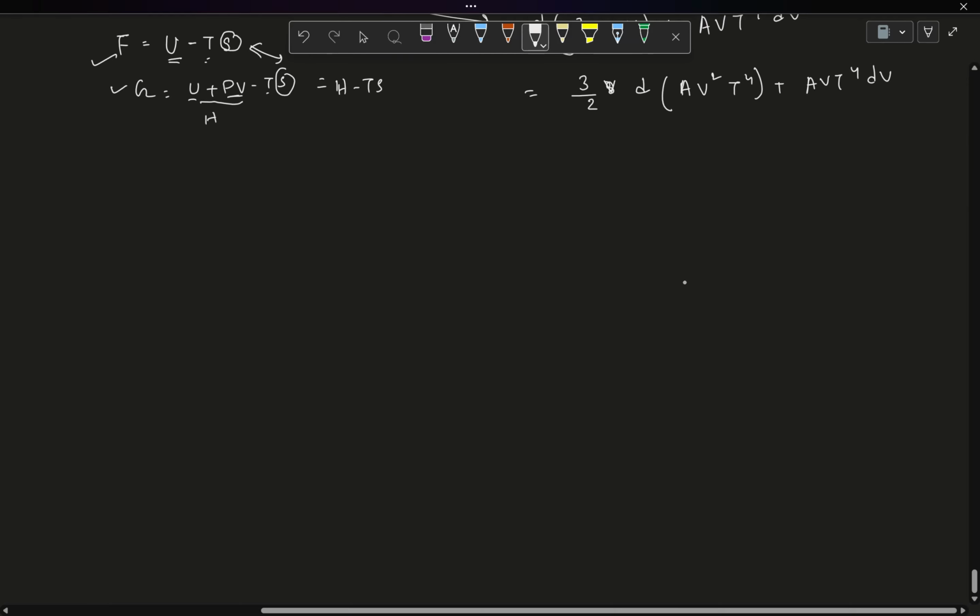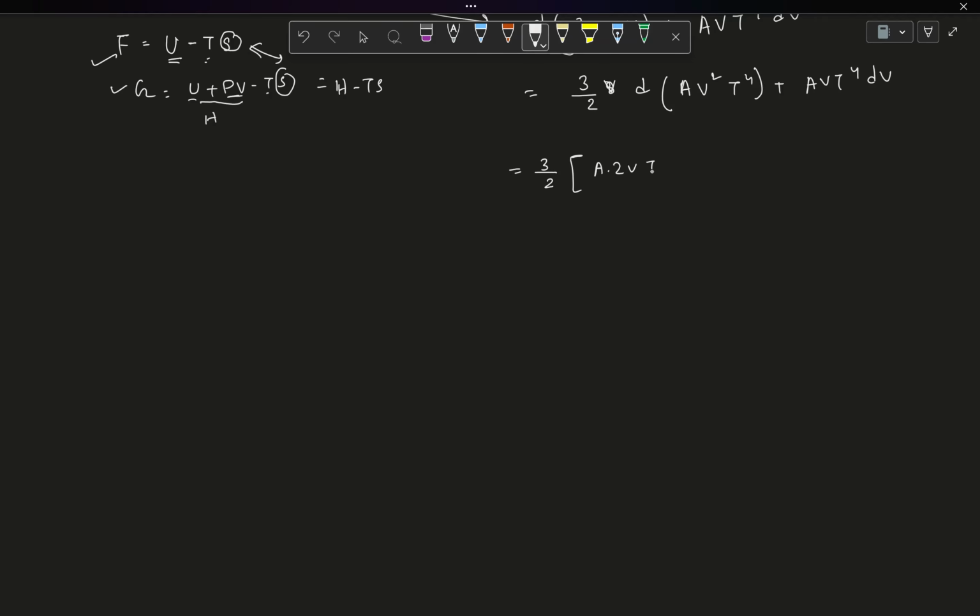Okay. So this is 3 by 2 into A 2V T to the power of 4 dV plus A V squared 4 T cube dT, plus A V to the power 4 dV. So this 2 and 2 cancelling out.